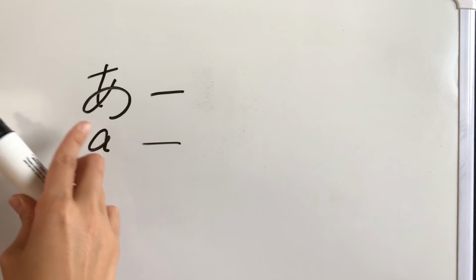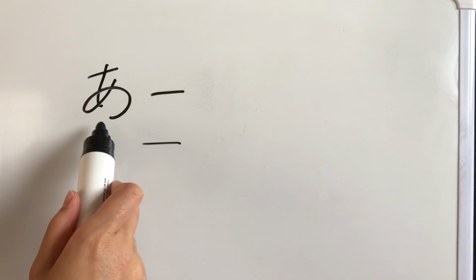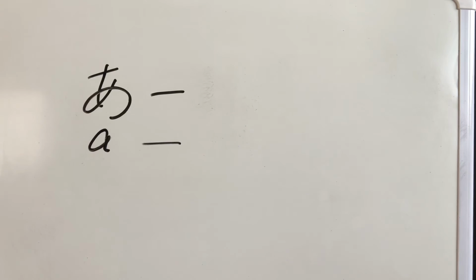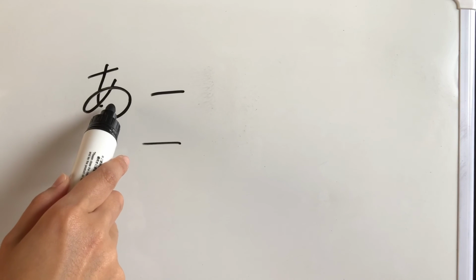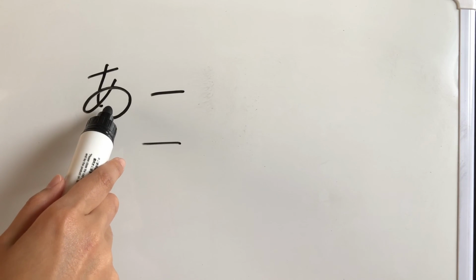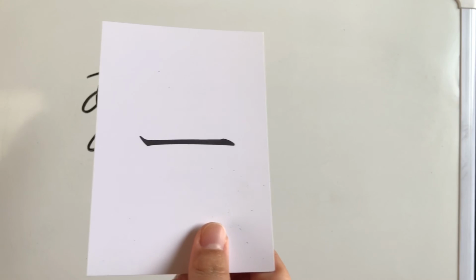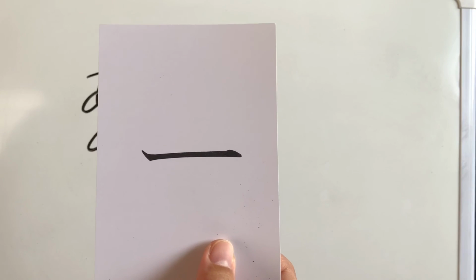So this one itself is a, but with this one, aa. This mark can make the sound of the letter one before longer. That's how it works, but as I said, we don't really use it in hiragana, but we use it with katakana.